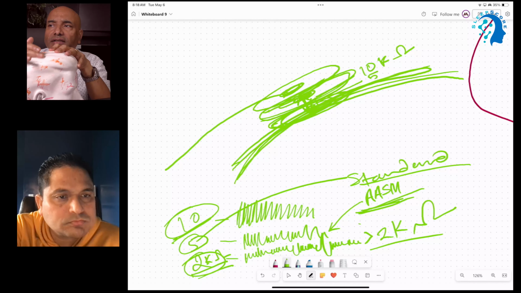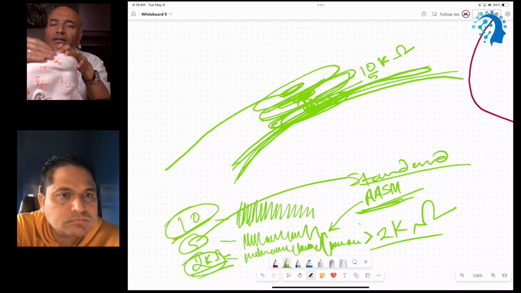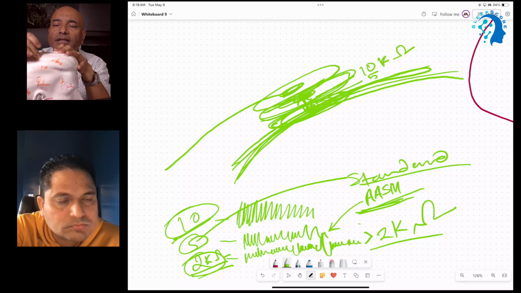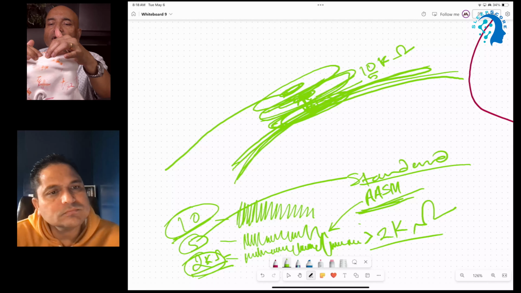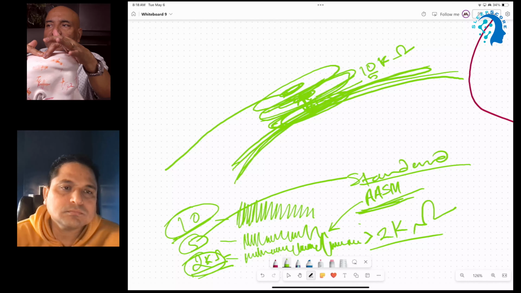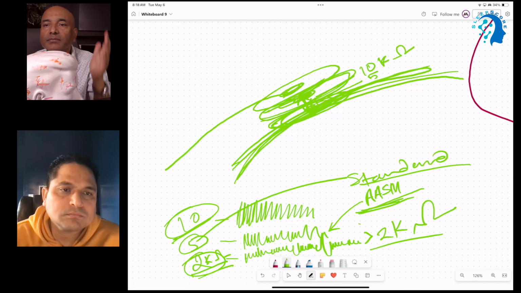Clean it very nicely, because there may be oil, some kind of scalp dirt, dust or anything. So you have to clean it and then wipe it with the alcohol wipe. After that you'll see the scalp over there. Place the electrode right there and check the impedance.